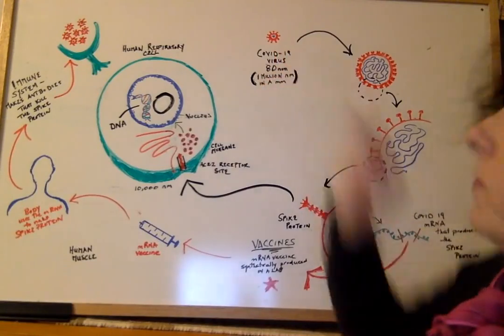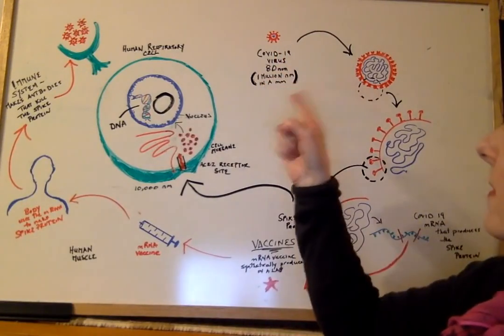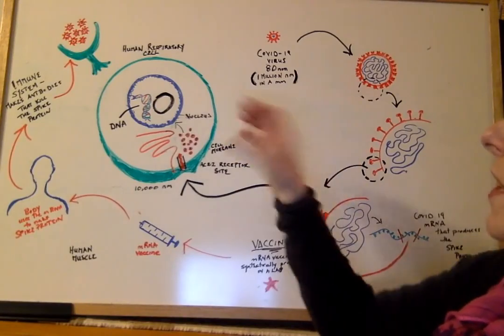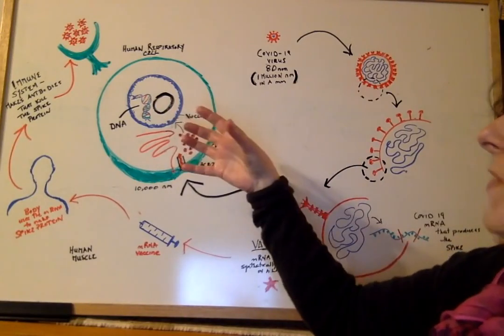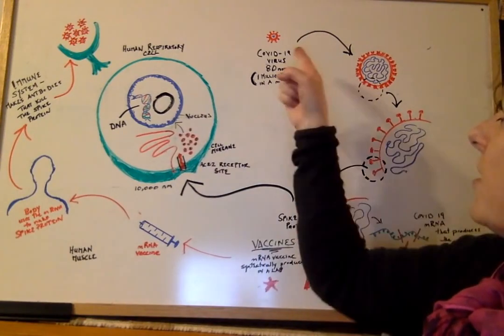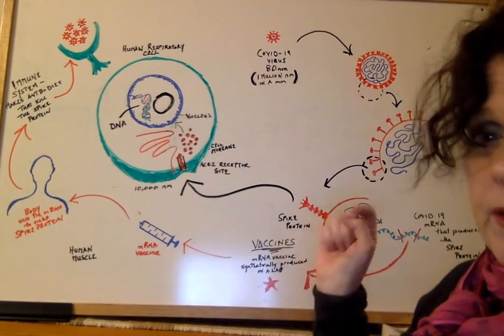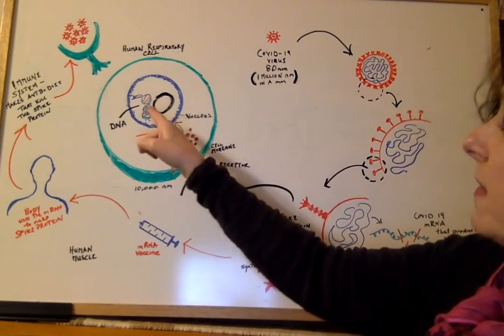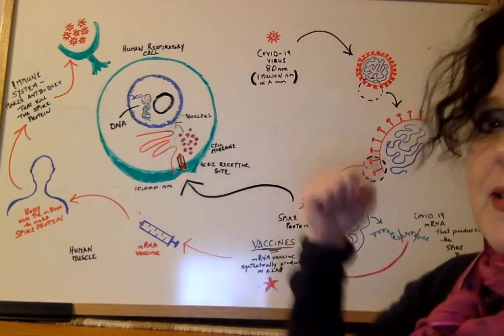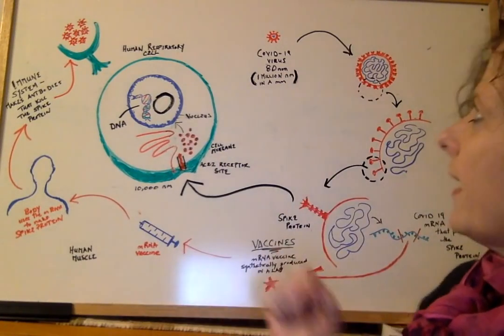So here's a great big human cell. Here's a tiny COVID virus. The COVID virus is not a cell, it's a particle. It does not have organelles, and it does not have a nucleus. It's just full of genetic material. But its genetic material is RNA, not DNA. Human beings, double helix of DNA. The COVID virus, a single strand of RNA.